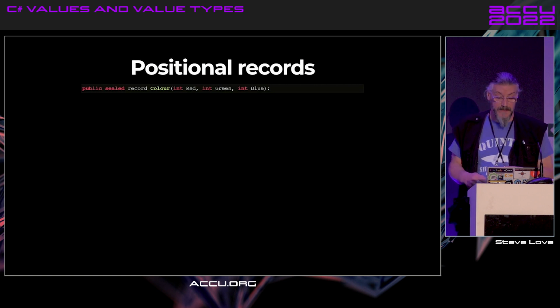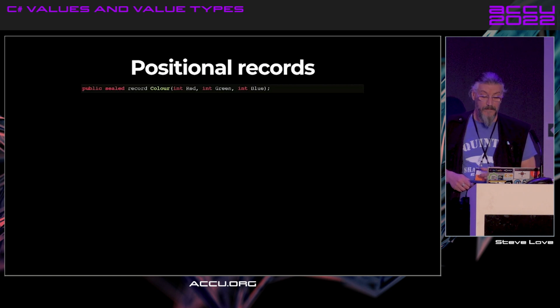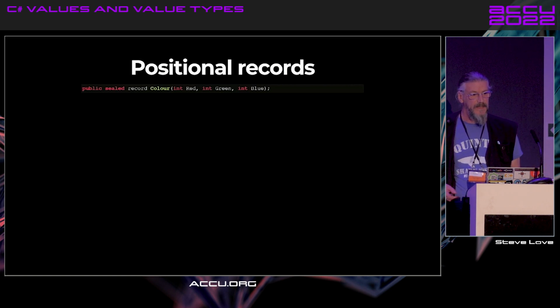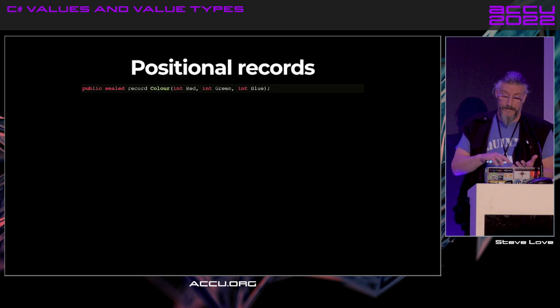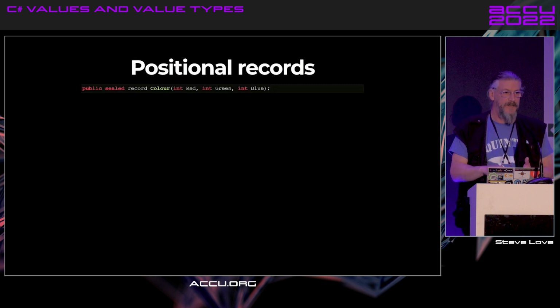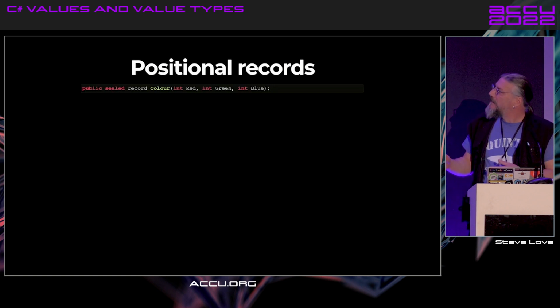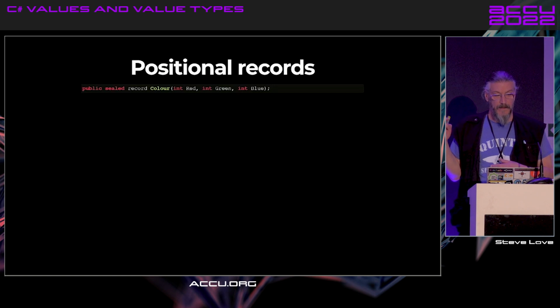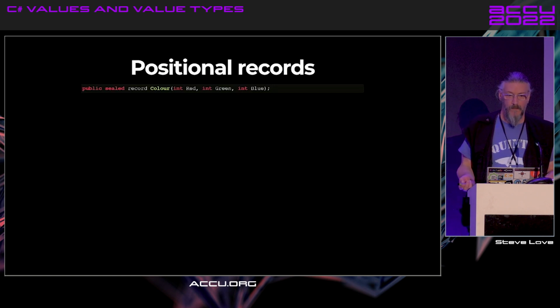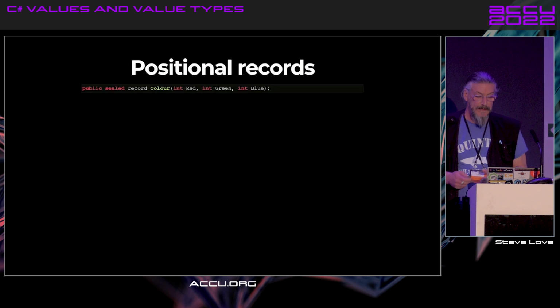The compiler generates all of the same bits and pieces, along with basically the constructor that we provided and the properties themselves. Because it's a sealed record, those properties are immutable. They're not publicly mutable.